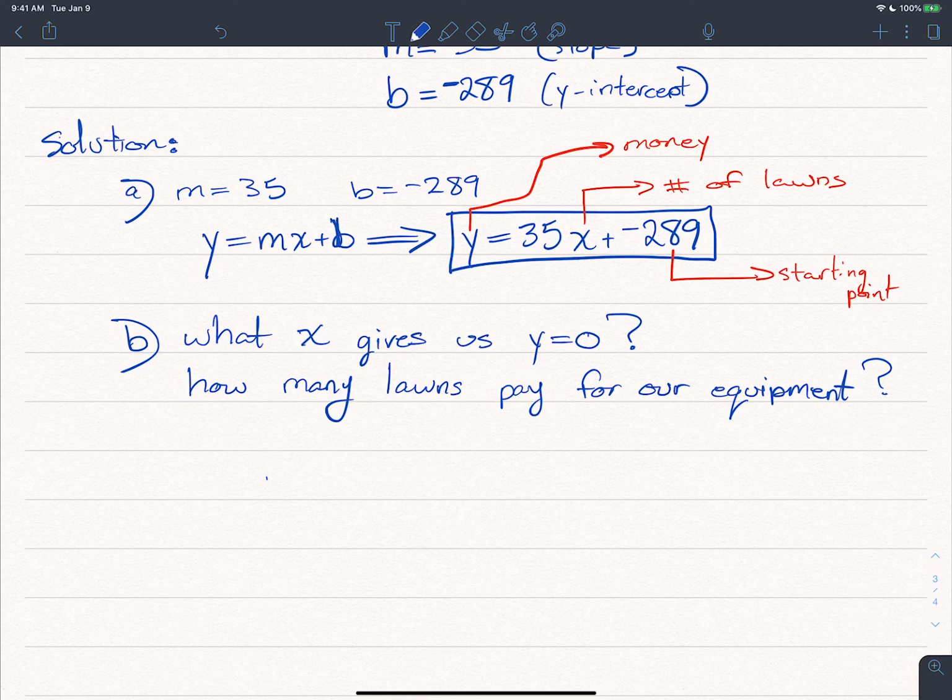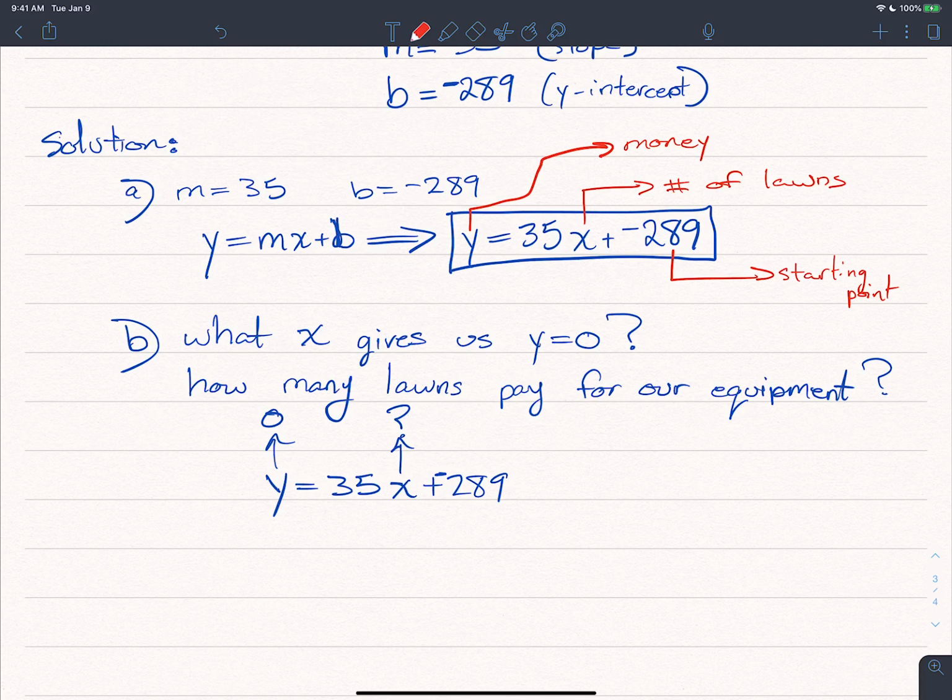And well, we can do that pretty easily. We just write out our linear model. Y equals 35x plus negative 289, right? And we want to know what x we get when y equals 0. So we can do just that.